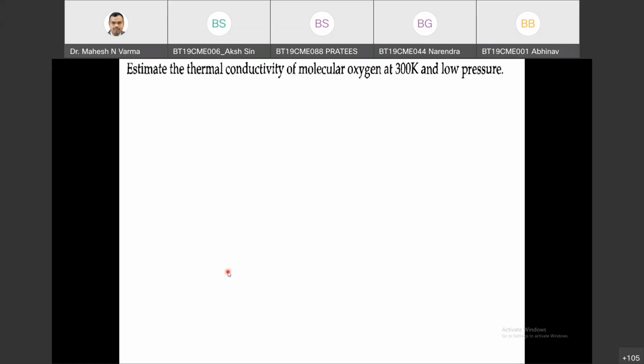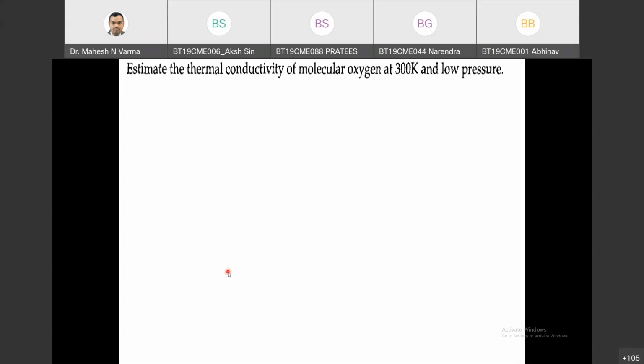Another way is to get the collision diameter and collision integral and use the Chapman equation to get the thermal conductivity.